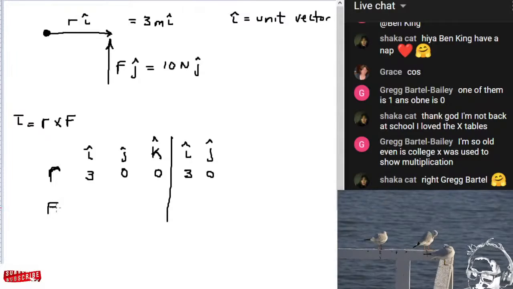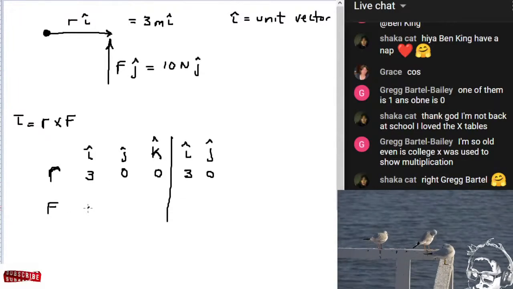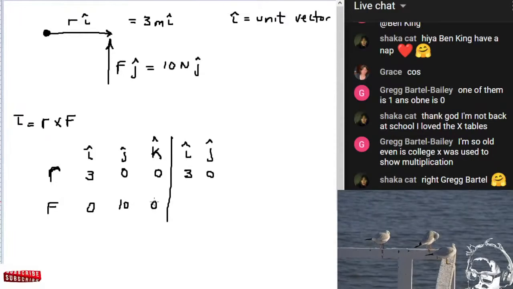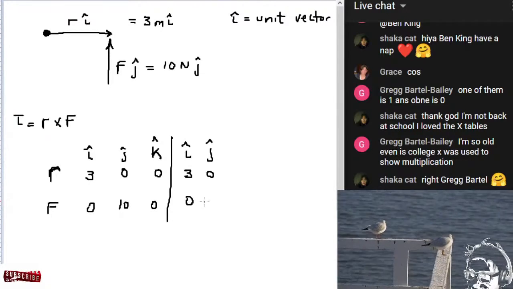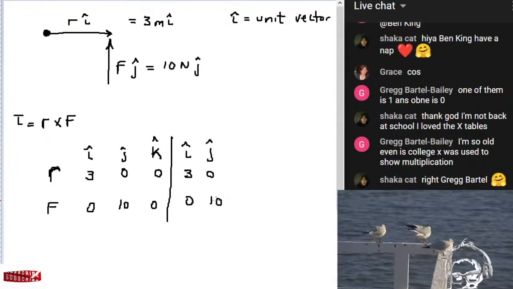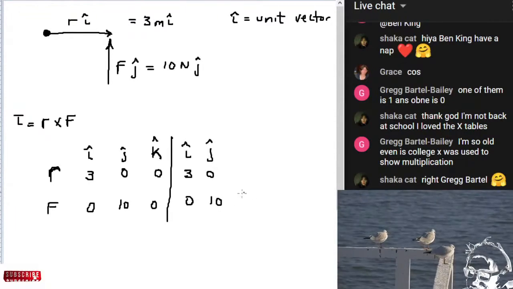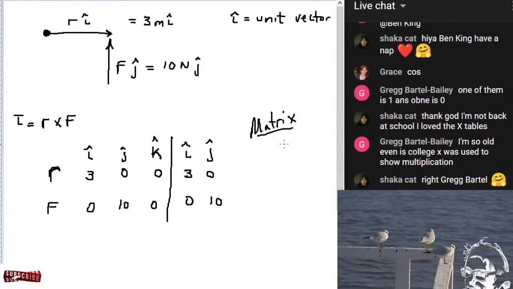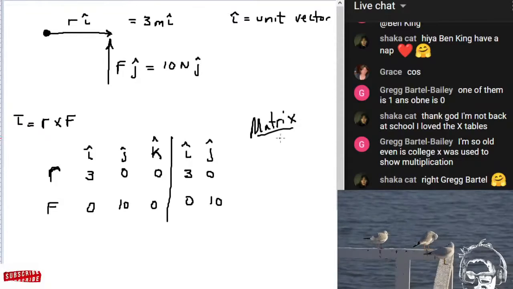F is 0 I hat. There is no I hat component. There's 10 J hat, 0 K hat, 0, 10. So this is called a matrix. A matrix is a fancy way to calculate things.